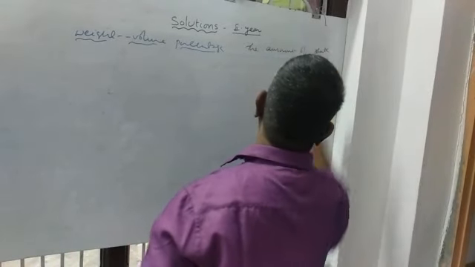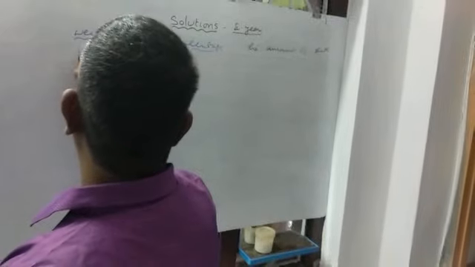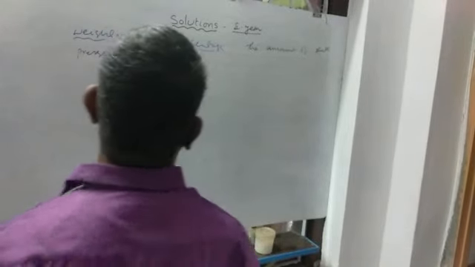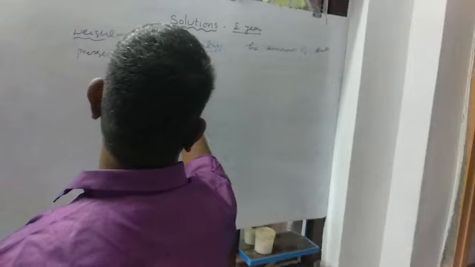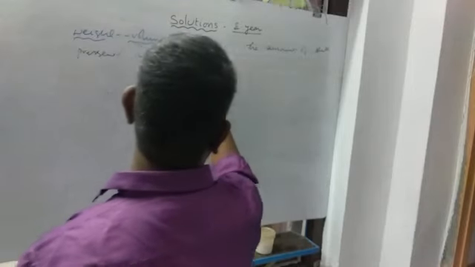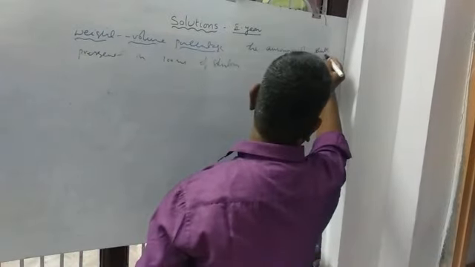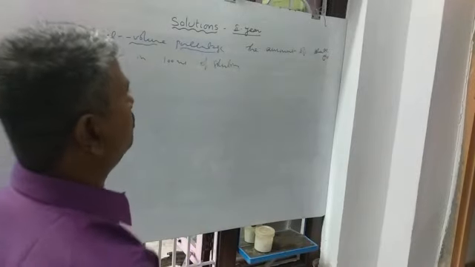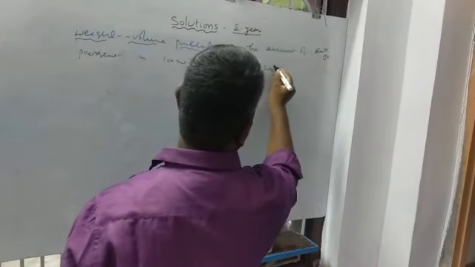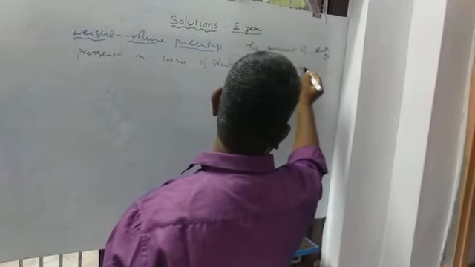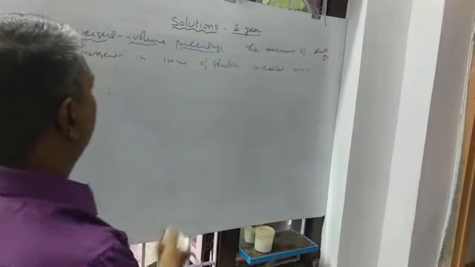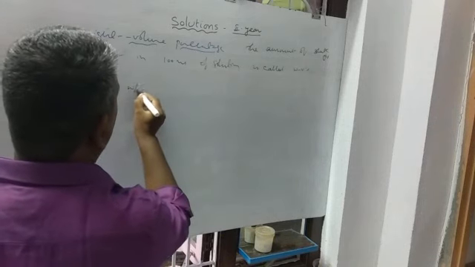The amount of solute, in grams, present in 100 ml of solution is called weight volume percentage.